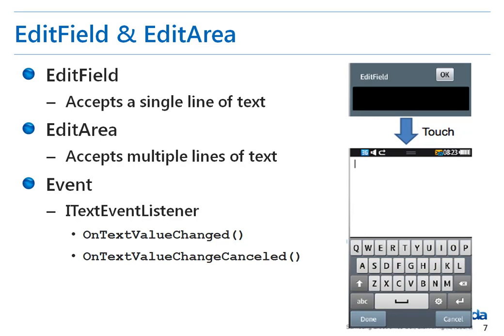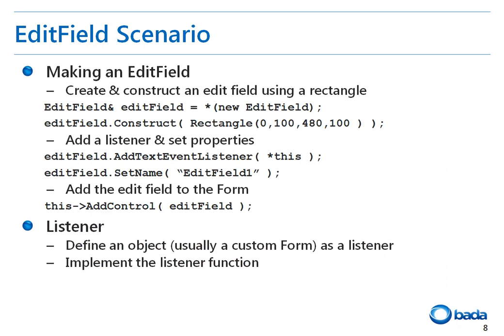So if the contents of the entered text are changed, the onTextValueChanged function of the event listener is called. If the user presses the Cancel button while entering text, the onTextValueChangeCanceled function is called.